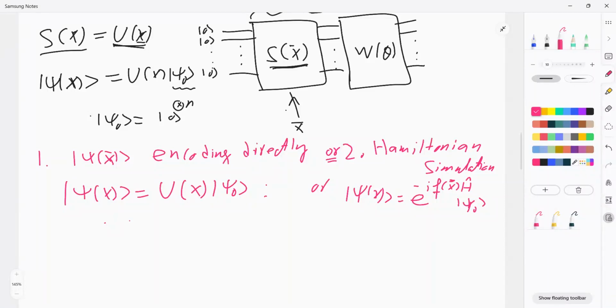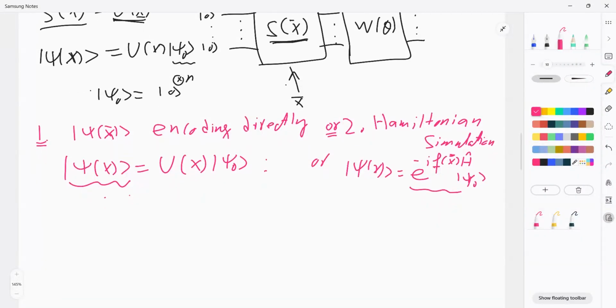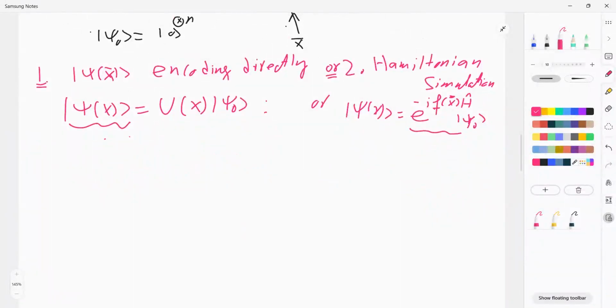Sometimes this approach is better, and sometimes the other approach is better for thinking about data encoding techniques. So first, since this way of imagining things is simpler, let's start with some example techniques based on imagining this as a direct encoding scheme.